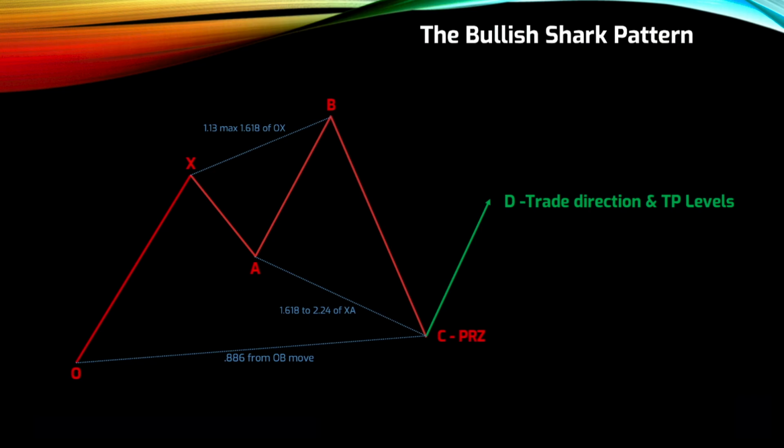But it must touch the 886 from O to B. Now usually we look at 886s and that level between the X and A. So this is O to B. Alright, so we need to be drawing these. And then you move to D, which is obviously the trade direction.